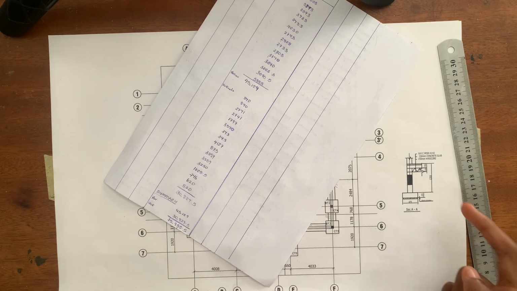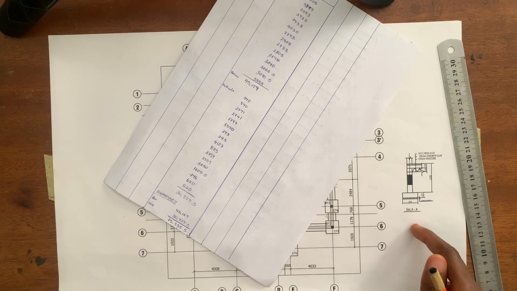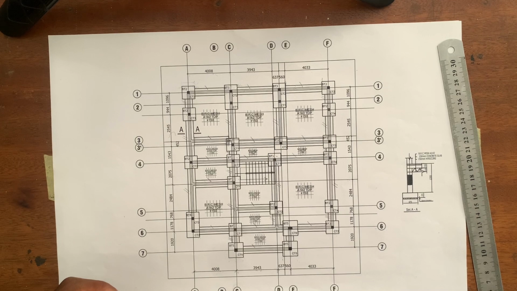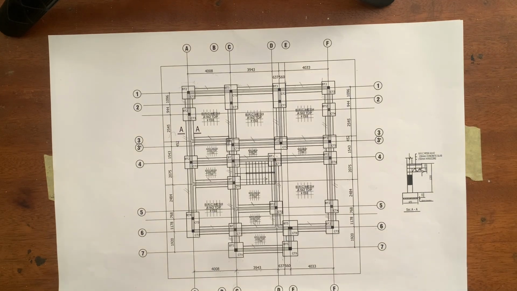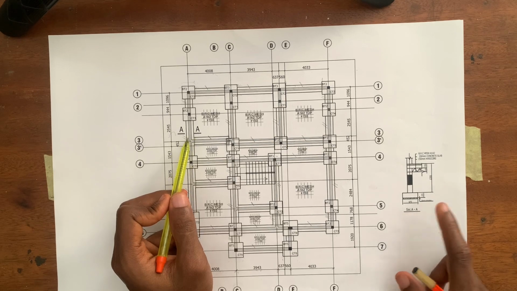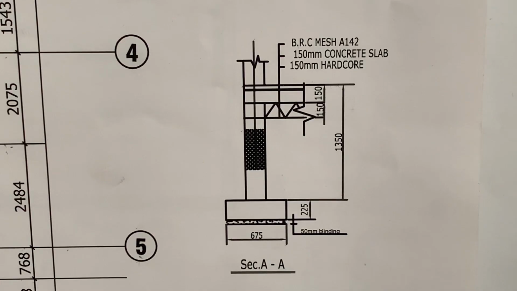So we now need to know whether that of the column pit is deeper than that of the trench. So how do we do that? We are going to be using the section through AA in order to determine the depth of our foundation trench. If you look at this drawing, this is the section through AA. I hope you can see it.